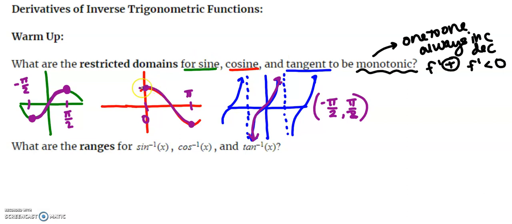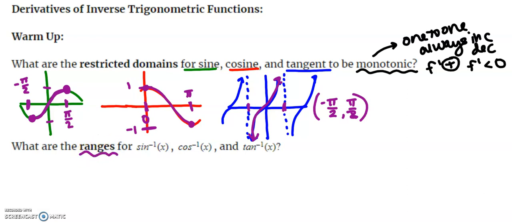So again, monotonic, I've covered all of my range, negative 1 until 1, looking between 0 and pi without any repeats. Covering from negative 1 until 1, from negative pi over 2 to pi over 2 without any repeats. Negative infinity to infinity from negative pi over 2 to pi over 2, no repeats. Well, if those are the domains for sine, cosine, and tangent, then they should be the ranges for the inverse, right?